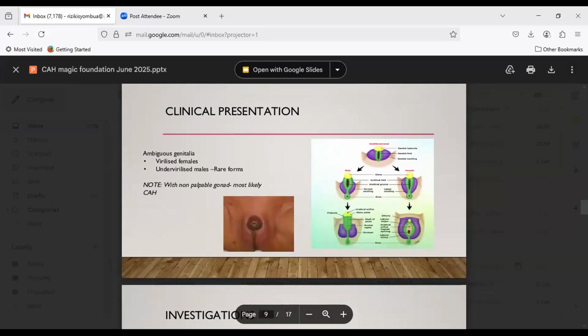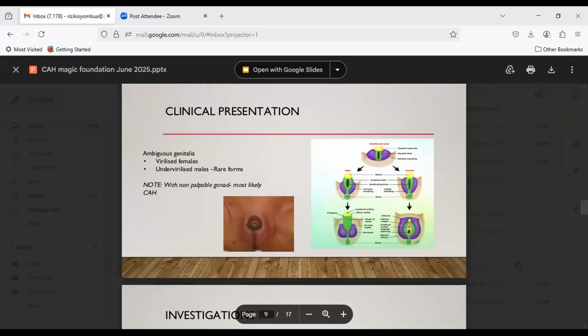Other presentation, especially for females, is ambiguous genitalia. And this would be most of the time virilized females. Some males are under-virilized, but that's only in 3-beta HSD, and that is very rare.